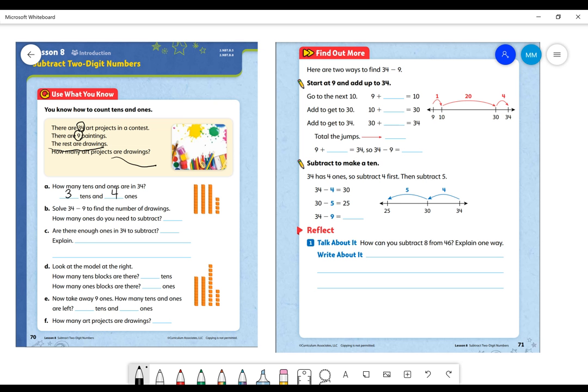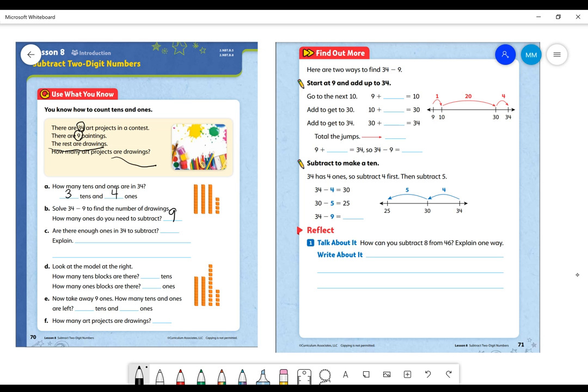How many ones do you need to subtract? So looking at the part that we are taking away, how many are we taking away? We're taking away 9. So 9 ones. We are taking away 9 ones.